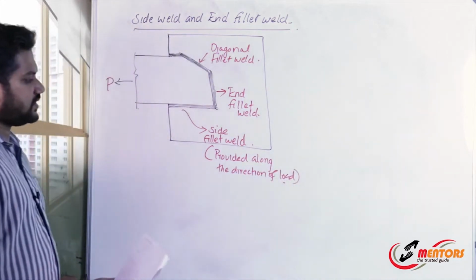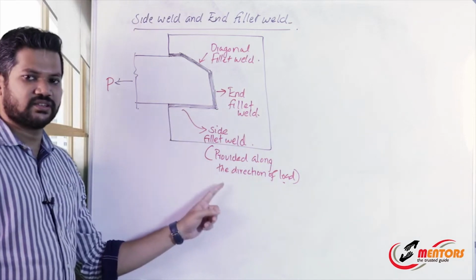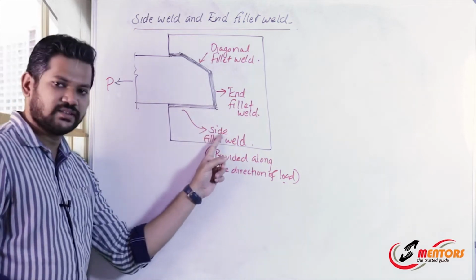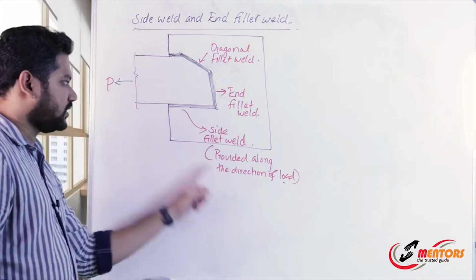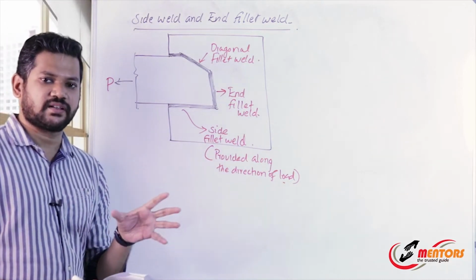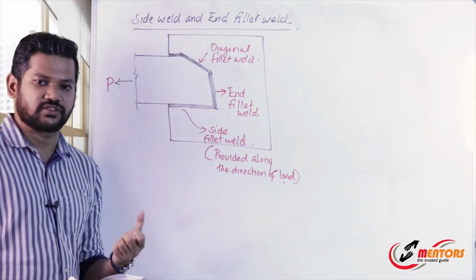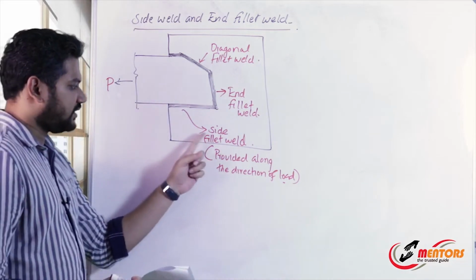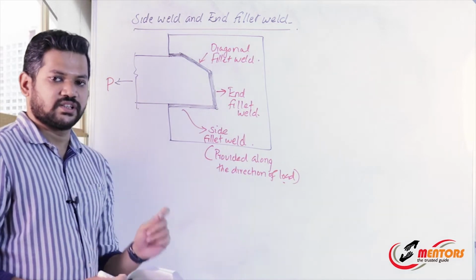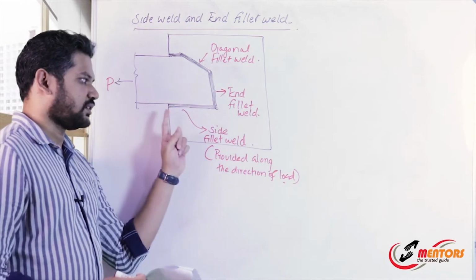When the welding is done along the direction of load, that type of fillet weld is considered the side fillet weld. Previously we had seen the fillet weld is provided to capture the shear stresses developing on that structural element. Here the side fillet weld is provided in the direction of load, and as a result it will capture the longitudinal stresses developed at this point.